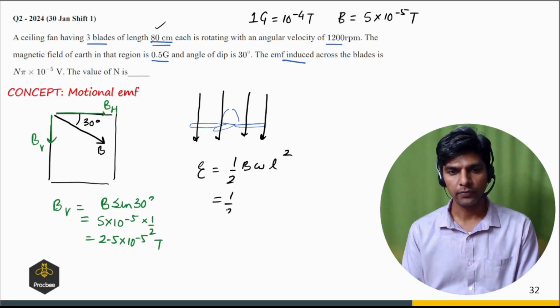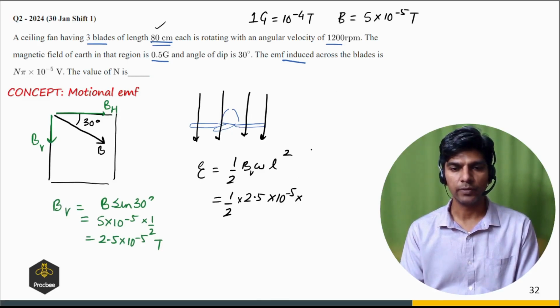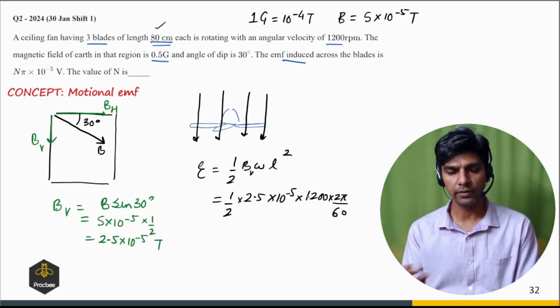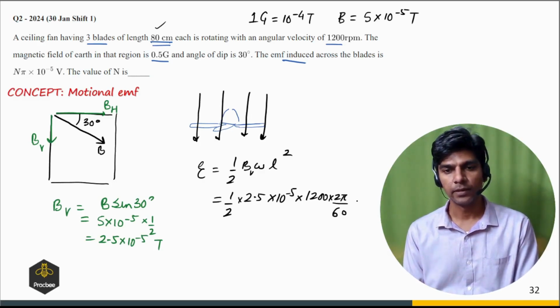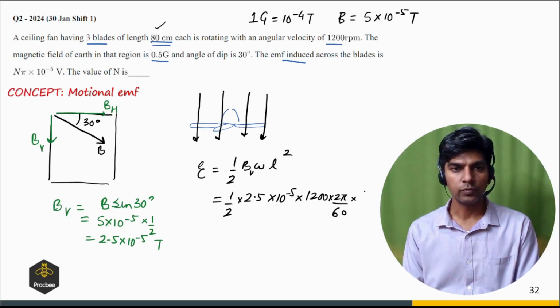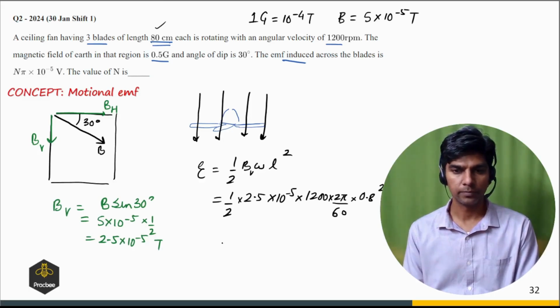So this will be half, and this B is nothing but BV, right? And BV is 2.5 into 10 raised to minus 5. Omega is given as 1200 rpm, so this can be written as 1200 times 2 pi by 60. This will give us angular velocity in radians per second, multiplied with the square of the length, so 0.8 square.